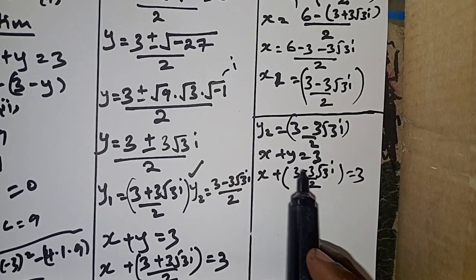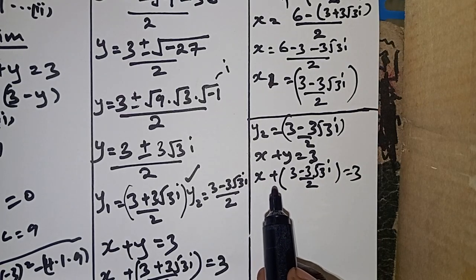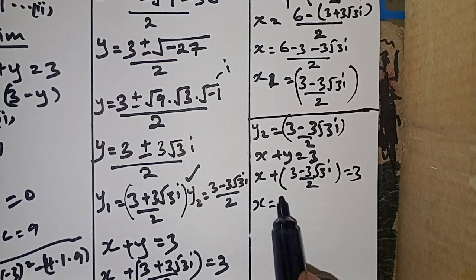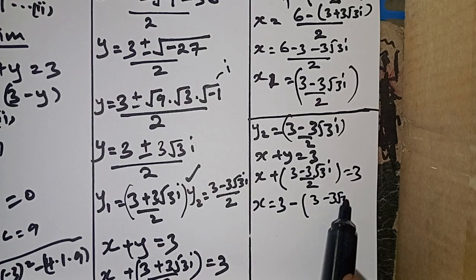Then taking this to the other side, x now becomes 3 minus (3 minus 3 root 3 i over 2).